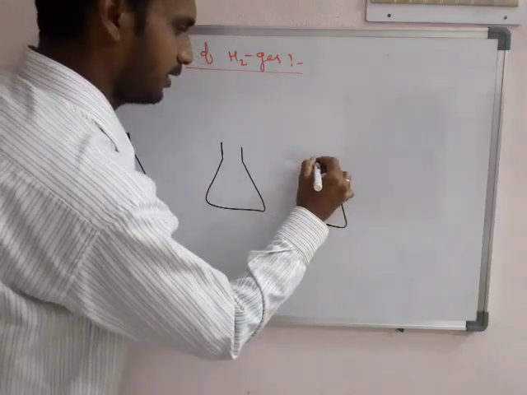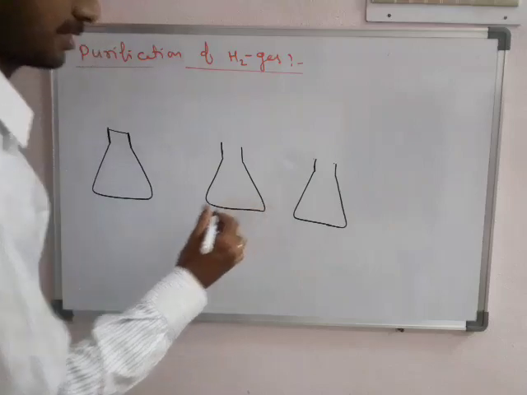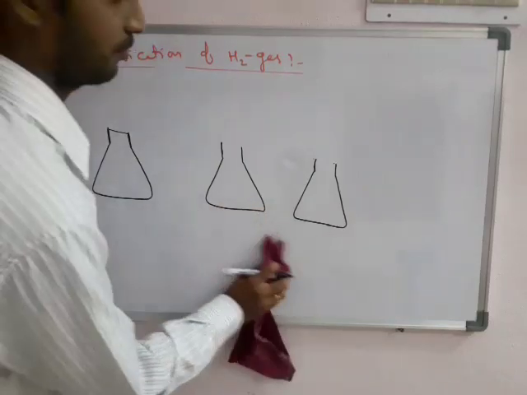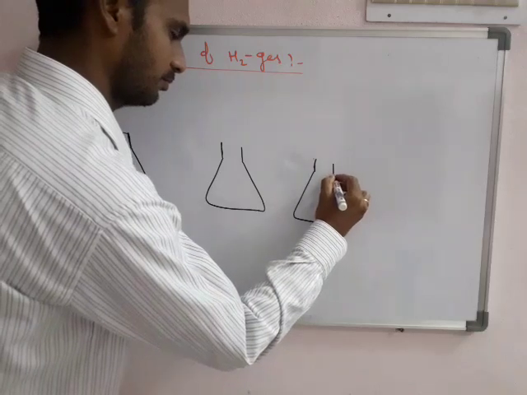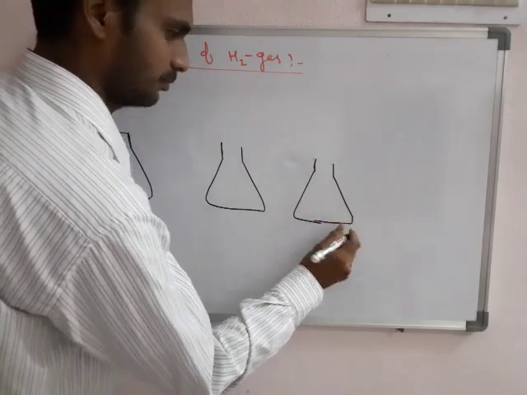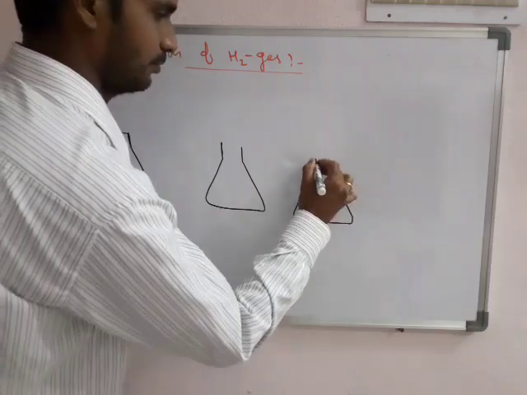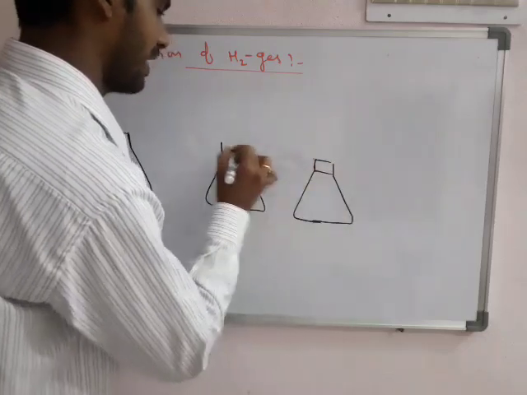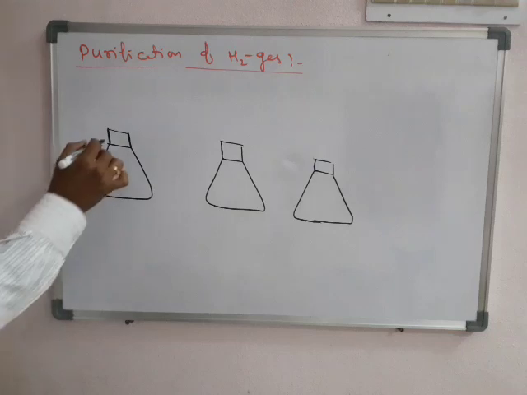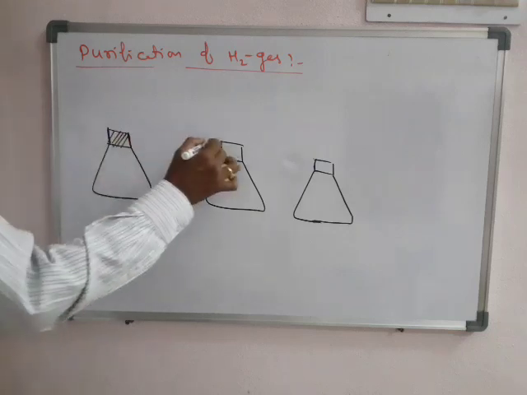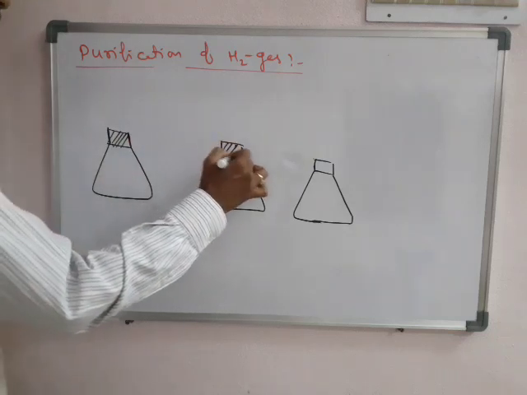These are the three conical flasks. They are closed with a rubber cork having two holes.